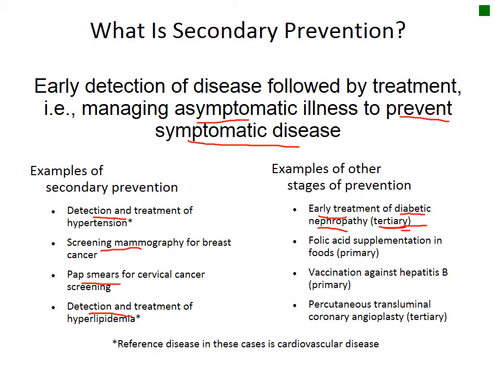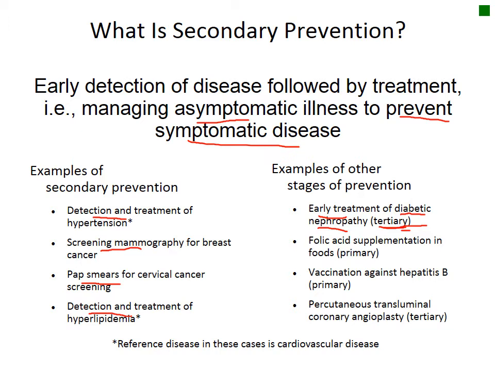The word prevention in tertiary prevention sometimes doesn't make sense and can be confusing, because at this point the patient does have a disease like diabetic nephropathy. But in the best case scenario, when they already have the disease, we can still do some early treatment. And that's why the prevention part of tertiary prevention still holds true. We'll talk more about tertiary prevention in the next chapter.